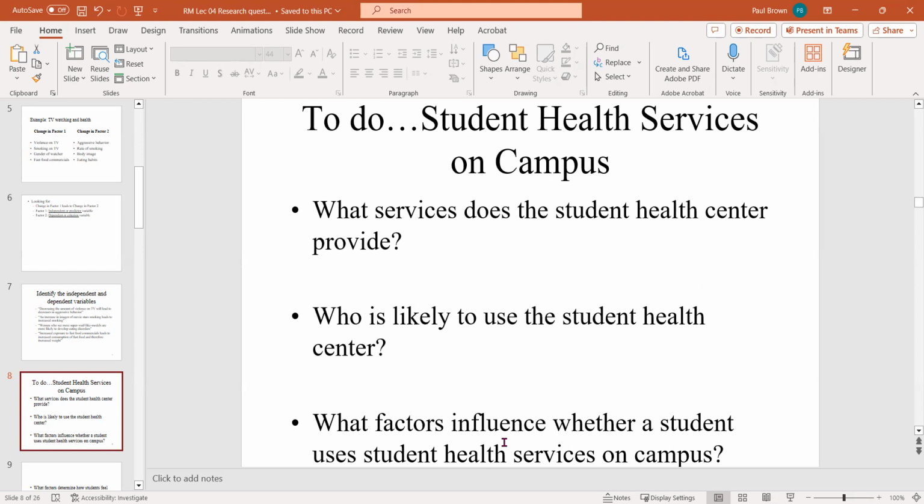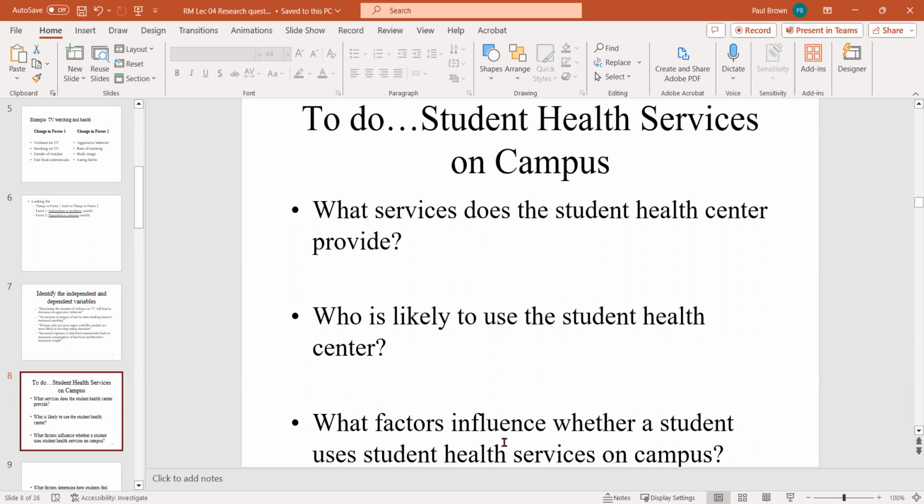So you have independent variables: quality, knowledge, privacy, etc. And then you have the willingness.